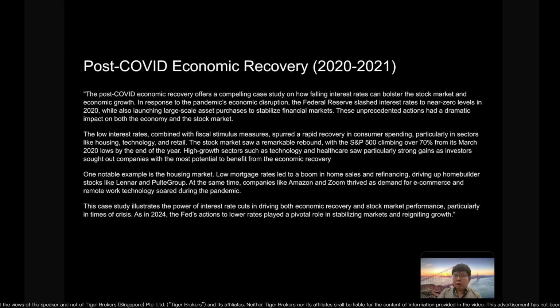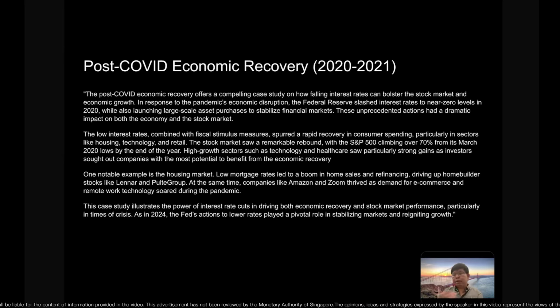So the lower interest rate was combined with a stimulus package. A stimulus package is like handouts. During the economic downturn, the government hands out some cash to the people, because the government taxes everyone.